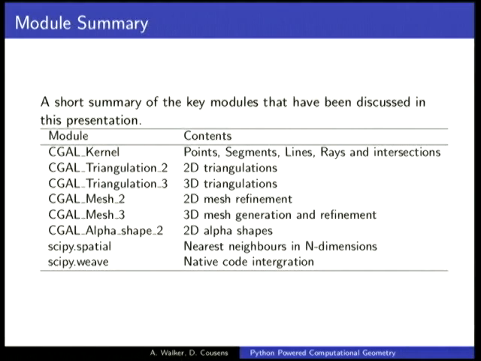One of the things that we didn't think we were going to have time to do, but I think we might have, is the alpha shapes examples that you can use to refine point clouds back to boundary meshes. And of course we talked about SciPy Spatial for doing the nearest neighbours problem, and SciPy Weave for doing some native code integration as well.